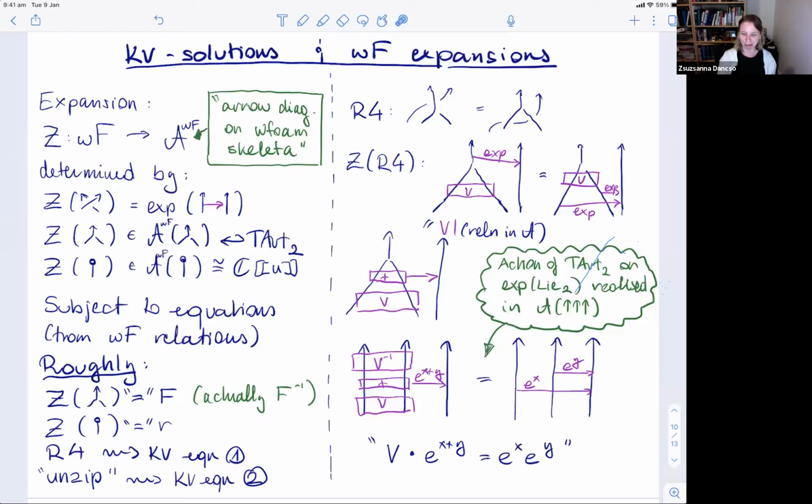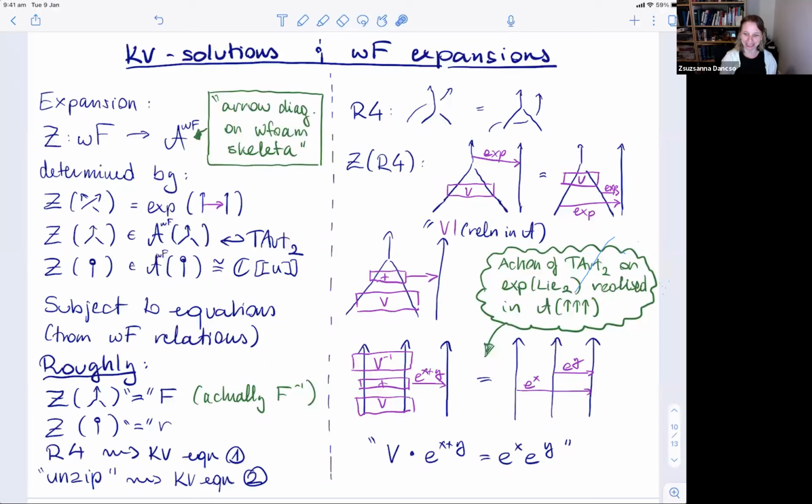So basically, both T02 and the exponential of the free Lie algebra on two generators embed in arrow diagrams on three strands when the generators X and Y are represented as an arrow from the first strand to the second strand, and elements of T02 are represented as arrow diagrams on the first two strands and act on this exponential by conjugation.